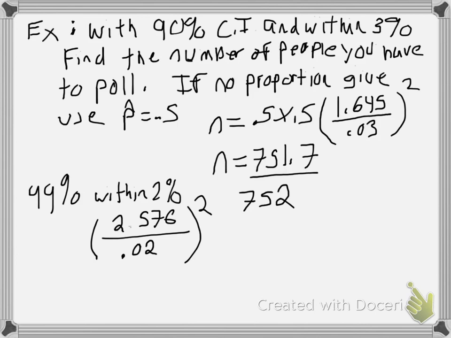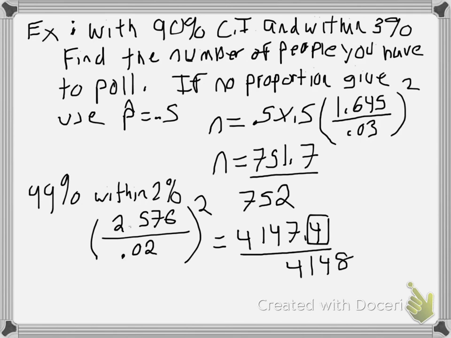And in this case, because we want to be more accurate, both with our confidence interval and within our certain range, we want to be closer, we have a number of 4,147.4 people. Or, now again, we need at least this much. Even though this 0.4 says that you would normally round down, if there's anything here, we have to round up. So we need 4,148 people.